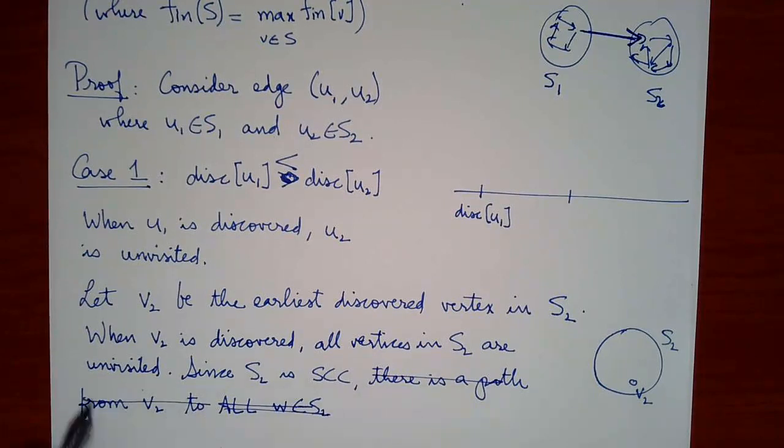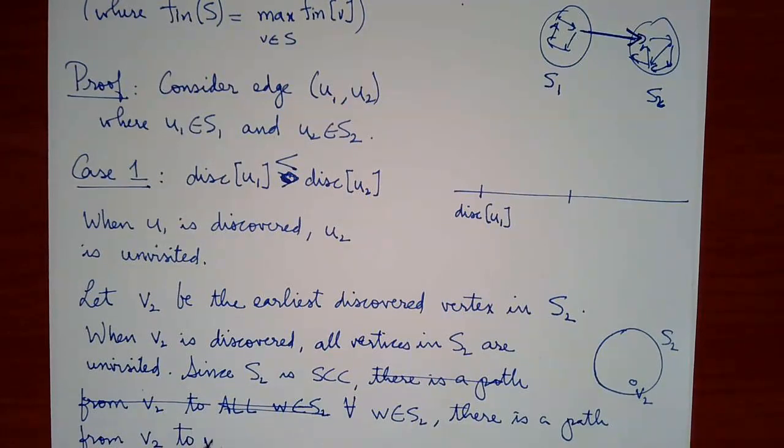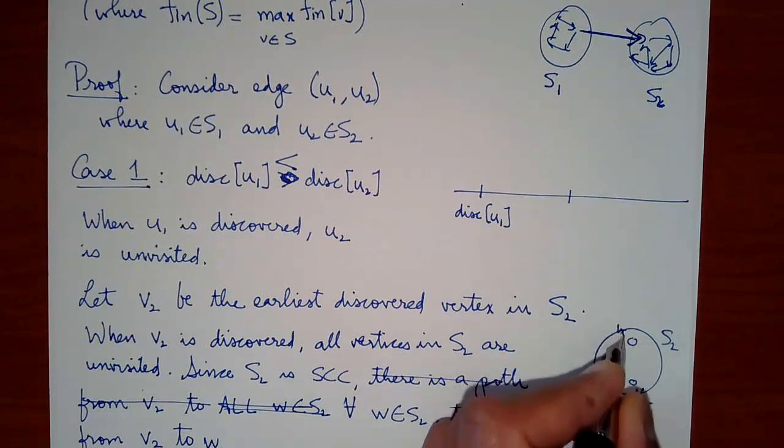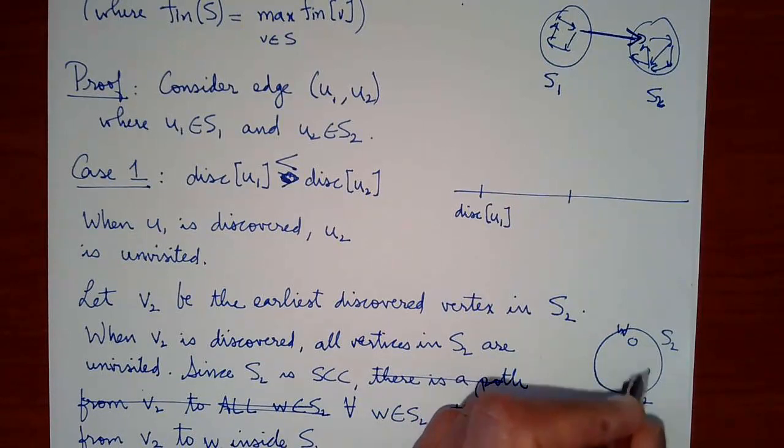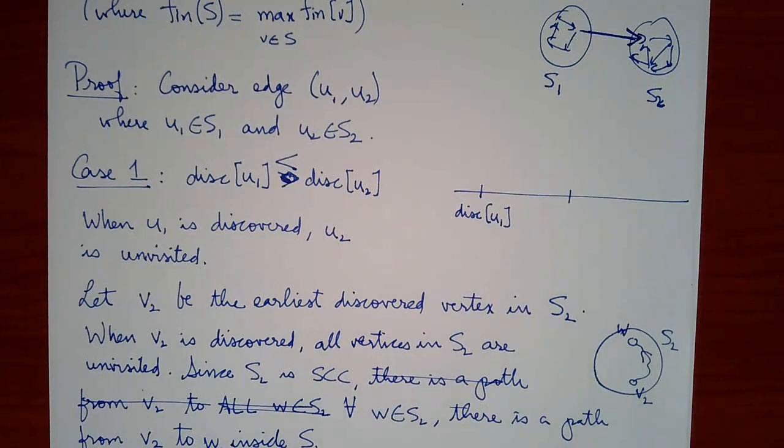Let me rewrite this. I'll say, for all W in S2, there is a path from V2 to W. There is a path from V2 to W inside S2. You can actually argue that this entire path is also contained in S2, right?